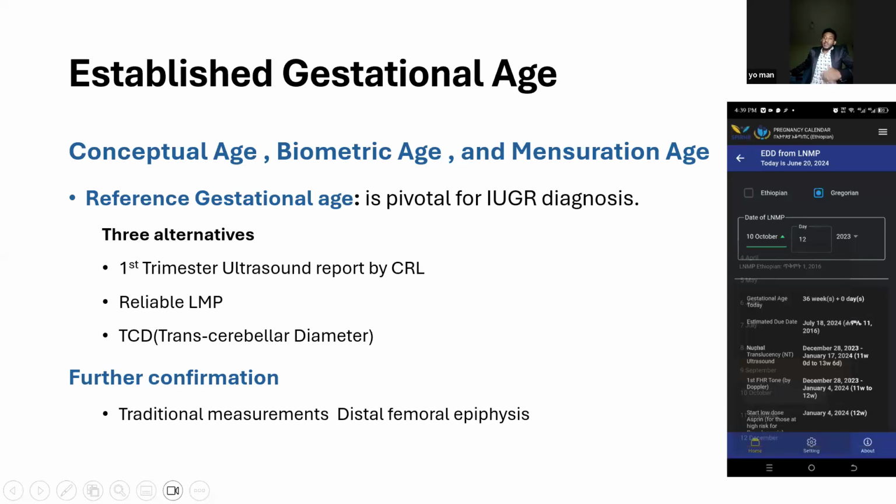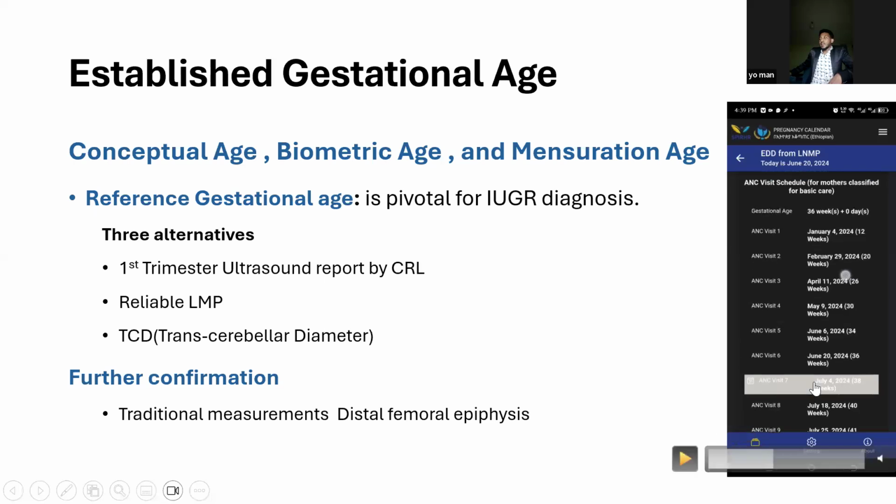I know there are a lot of calculators on the web, but what I like most about this calculator is that it displays the antenatal visits here. What would be her visit at 36 weeks, and the difference between those visits, and the difference between 30 up to 40 is 4 weeks.